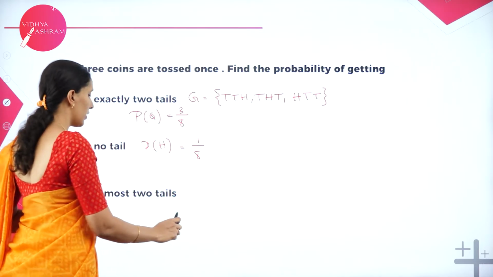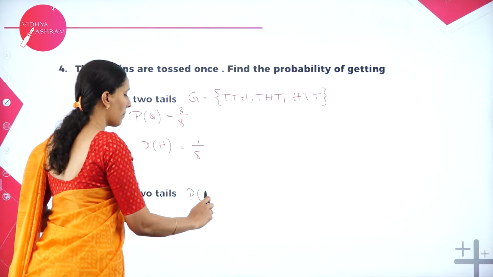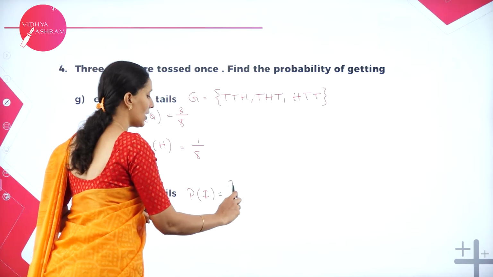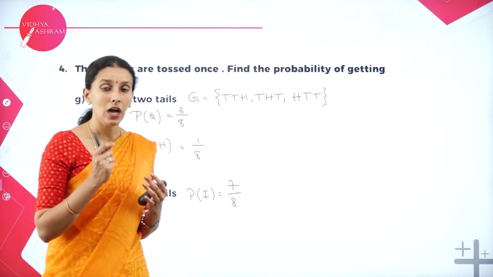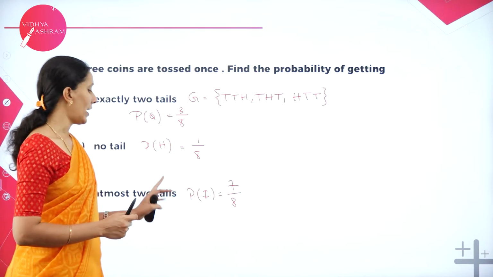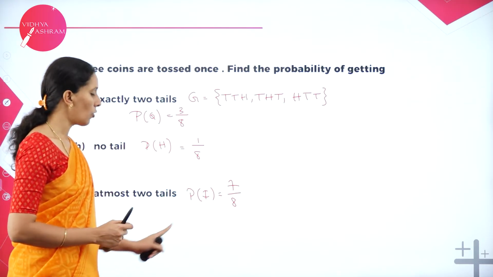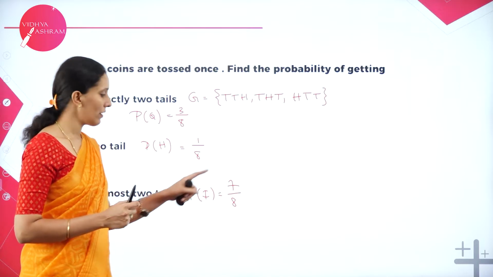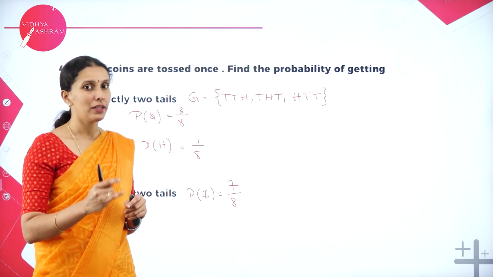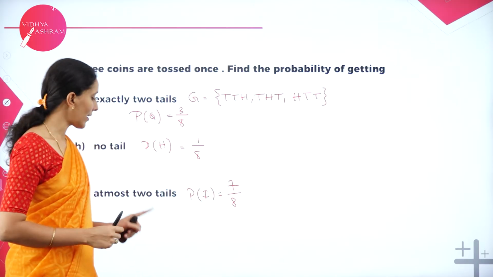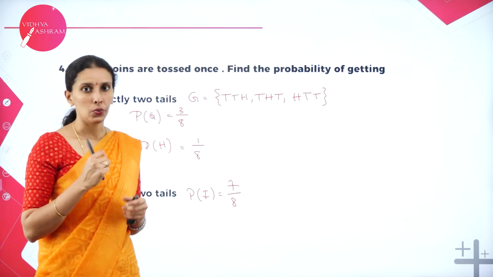So therefore, if you take this as probability and I as an event, the value is 7 by 8. All the outcomes containing 2 tails, 1 tail and no tail can become the outcomes for this event. That is why we have 7 outcomes except the case 3 tails, because maximum it can contain only 2 tails.